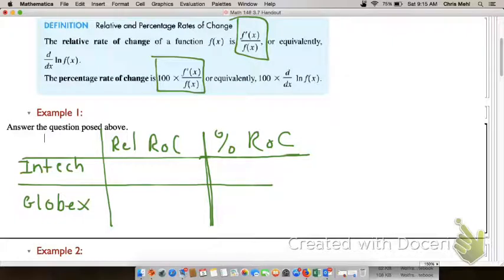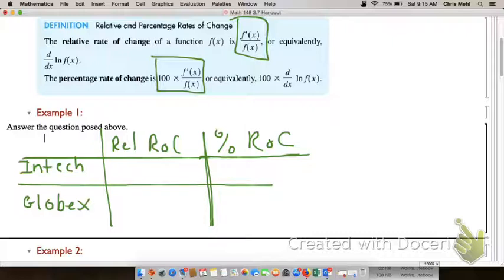Okay, so for Intech, if you look at the bottom here, example 1, I've made this little table that has the 2 companies. We're going to have the relative rate of change per share, and then the percent rate of change per share. Although ultimately the units just end up being dollars. Let me explain that in just a moment.